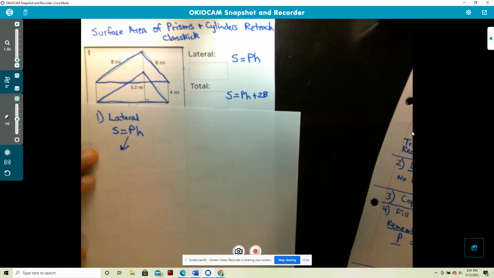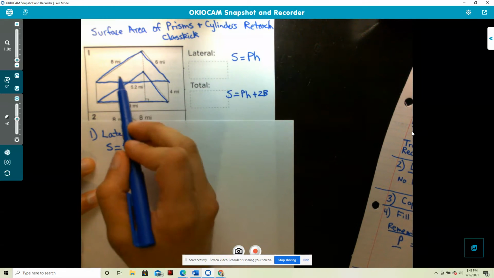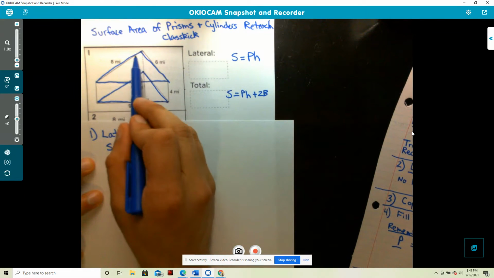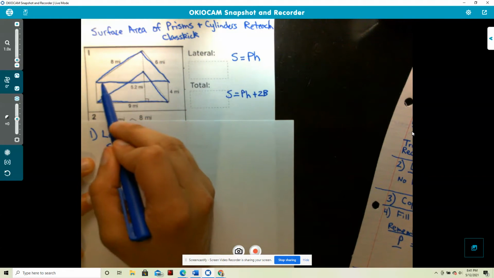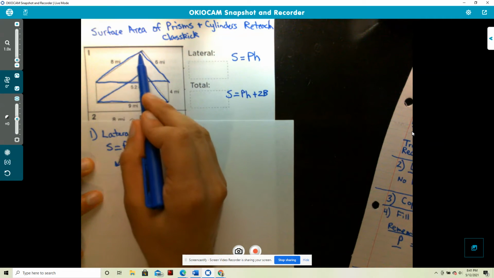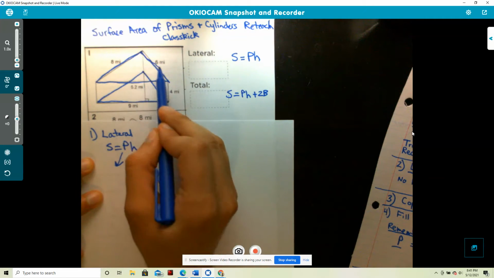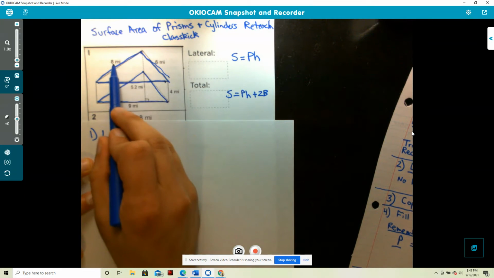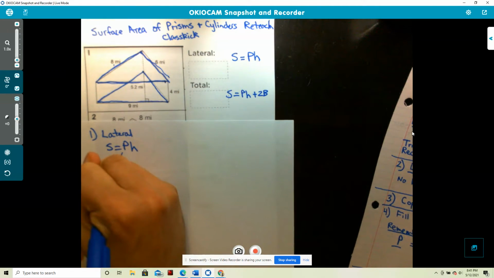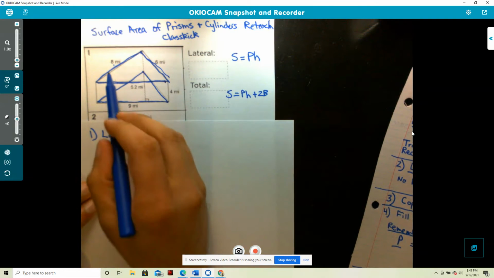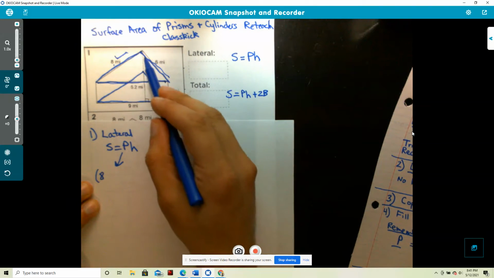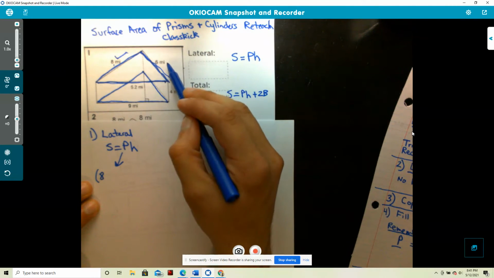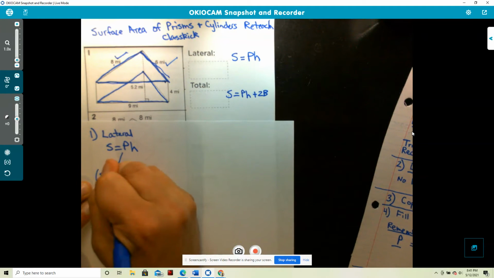Taking a look at this example that they give us, imagine you're just looking at a two-dimensional shape. We're just going to look at this side, and this side, because we're just looking at one of the bases. So it looks like we have 8, so I'm going to write 8. We've got that one. We have this one over here. We have 6. So I'm going to put plus 6.